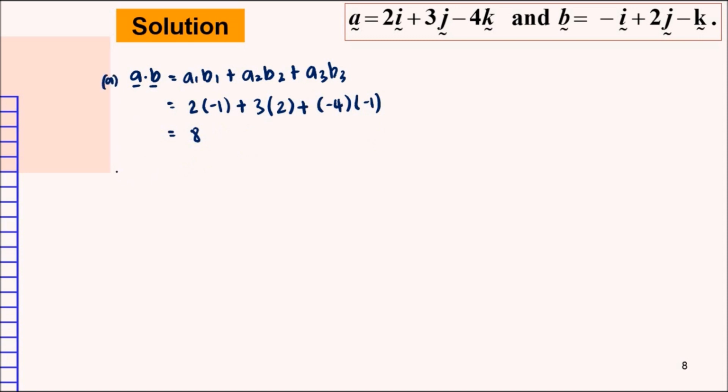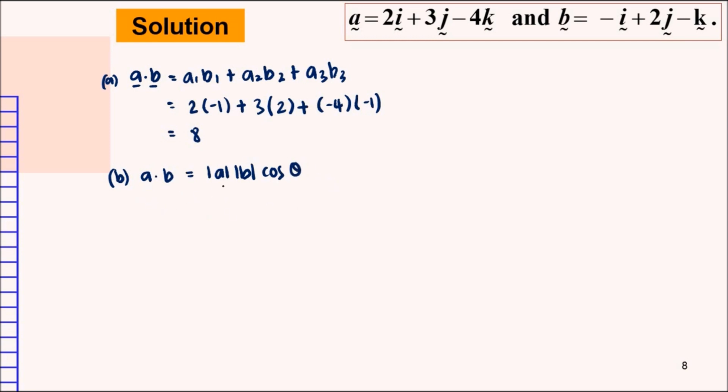For part B, what we need to find is the angle between the vectors. A dot B is actually given by magnitude A times magnitude B times cos theta. This is the formula that we have.